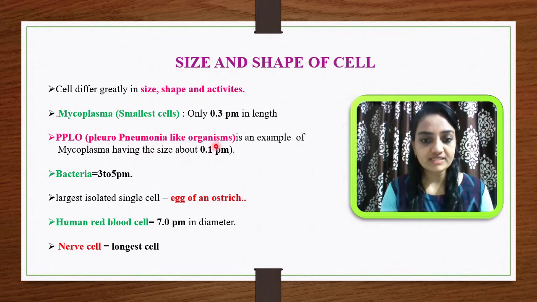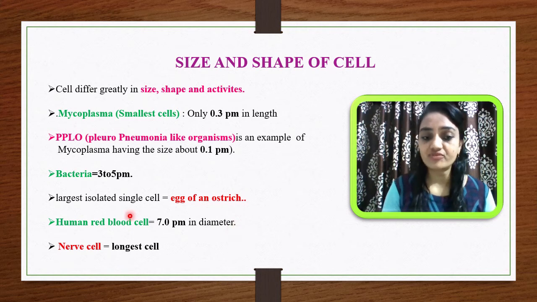So these are the sizes of cells. Then bacteria will have a size up to 3 to 5 micrometer. Then the largest isolated single cell is an egg cell, the egg of an ostrich. This is the largest cell. Then human red blood cell is 7.0 micrometer in diameter.